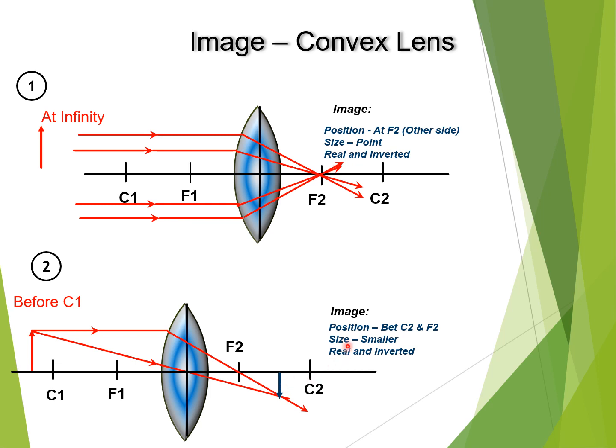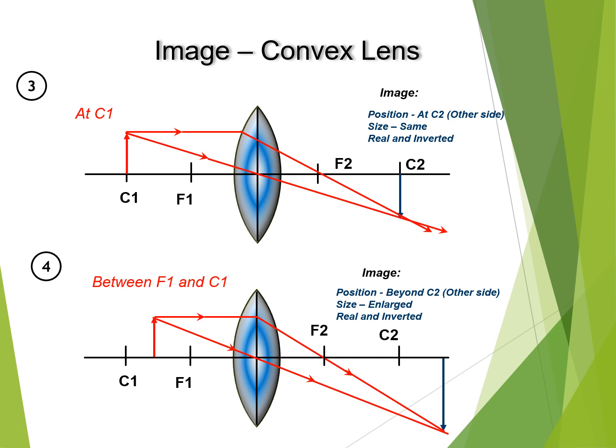So here the position of the image shall be between C2 and F2, between center of curvature and the focus point on the other side. You can notice the size is smaller than the object, and the refracted rays are actually meeting here, so the image shall be real and inverted. So this is the second stage.